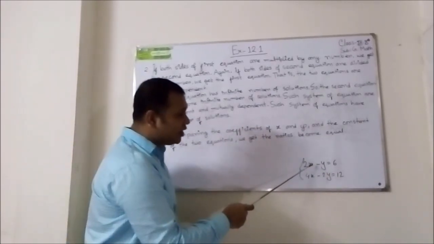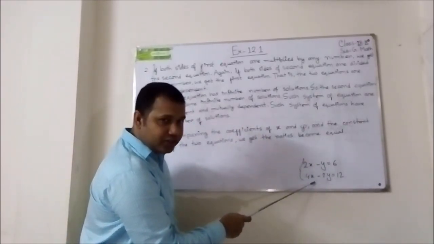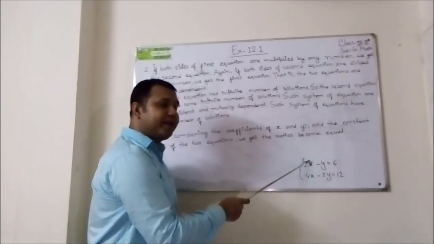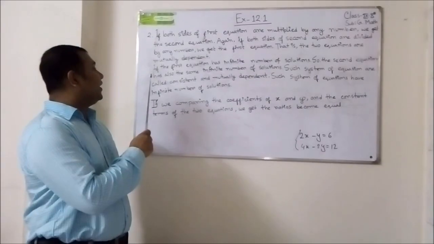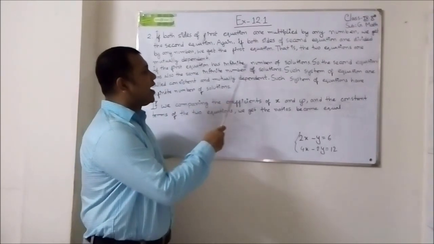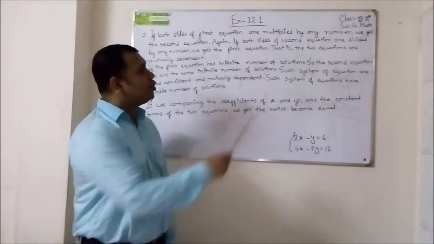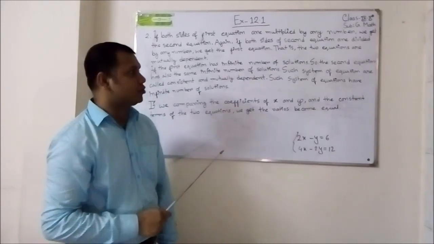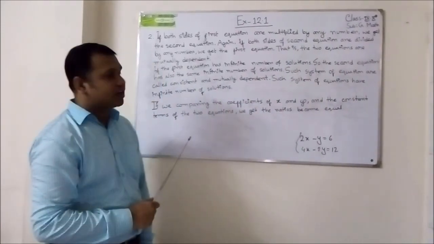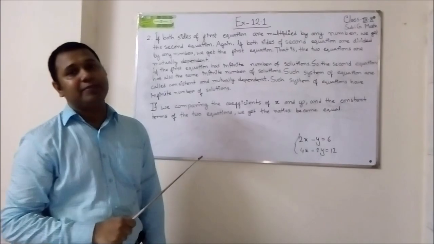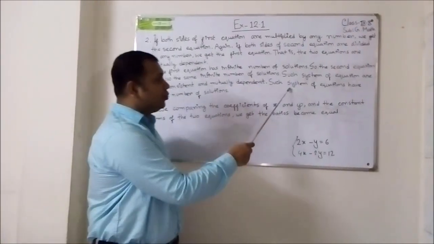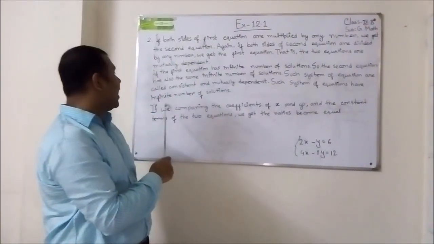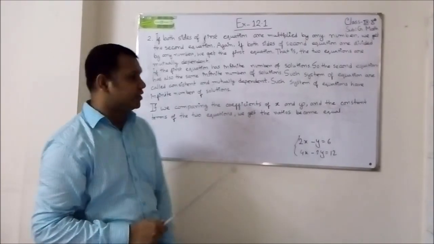If the first equation has infinite solutions, the second equation also has the same infinite solutions. Such systems of equations are called consistent and mutually dependent, and they have infinitely many solutions.